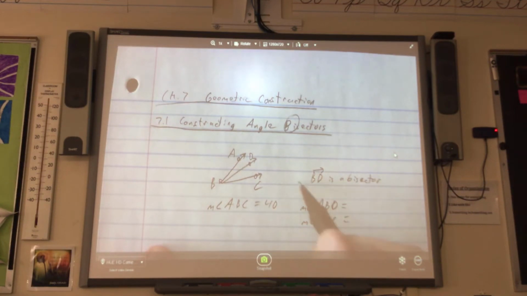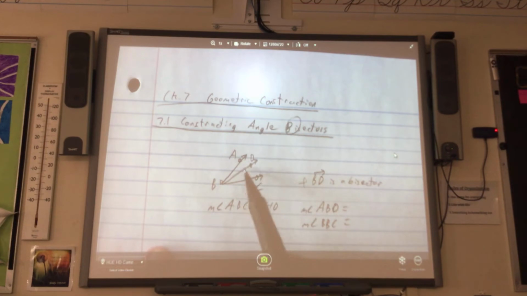If I tell you BD is a bisector, what's the measure of both of them? If it's a bisector, it's cutting them into two equal parts. We don't know what the whole thing is. Yeah, we do. It says right here, this is 40 degrees. So each of them would be 20 degrees then.